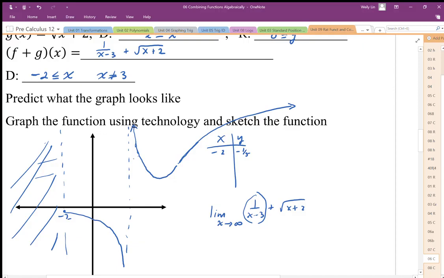Now this is something not familiar to us, so if you didn't recognize this, that's okay. But we want to start thinking about what the graphs look like, and then we want to draw them. It's important to actually draw the graphs to see what they look like. So when we punch this into our graphing tool, we type in 1 over x minus 3 plus square root x plus 2, and we end up with a function.